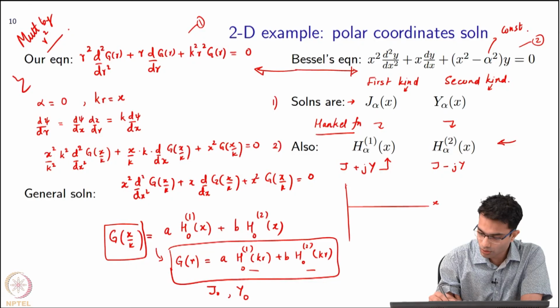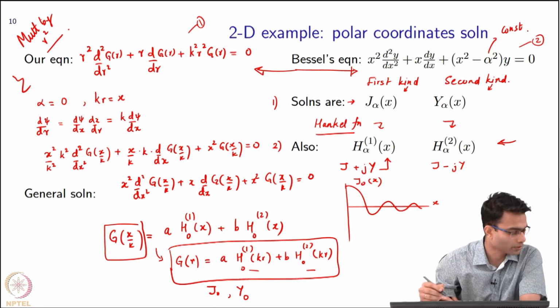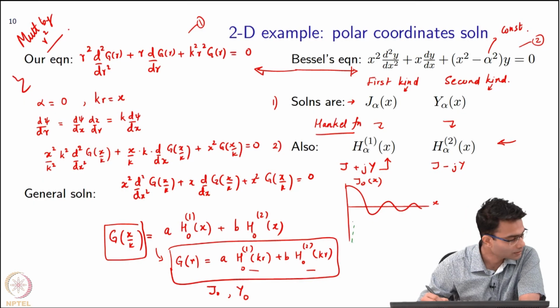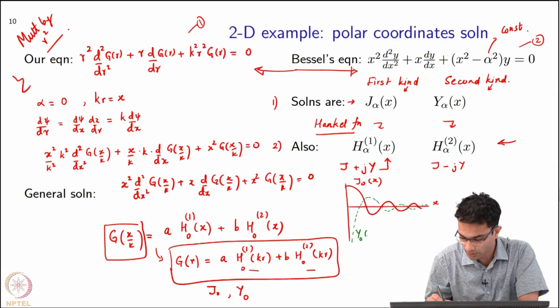So, J0 looks something like this. Okay, so this is my J0 of x. And on the other hand, my Y0 actually has a singularity at the origin, and both decay for large r.